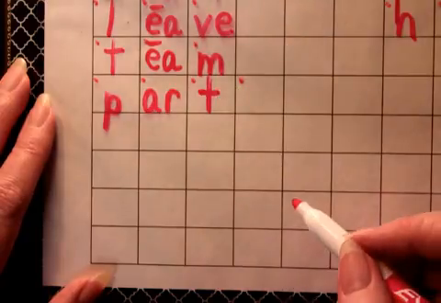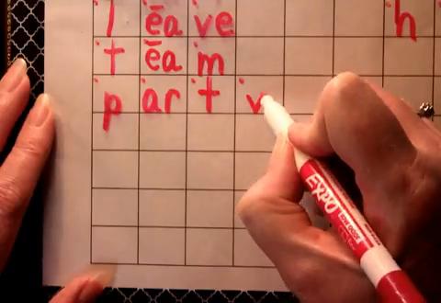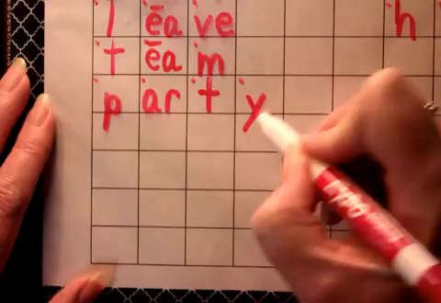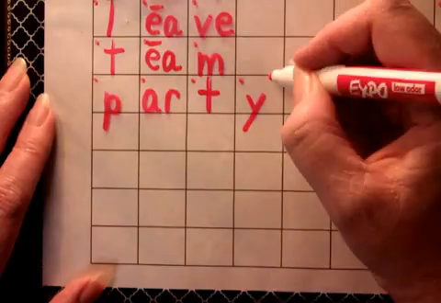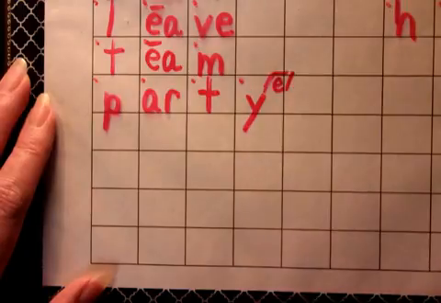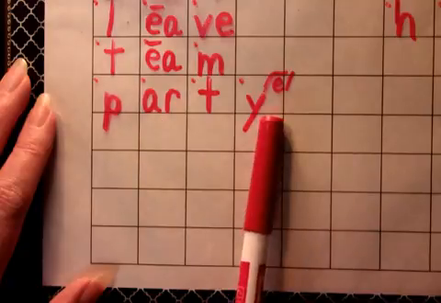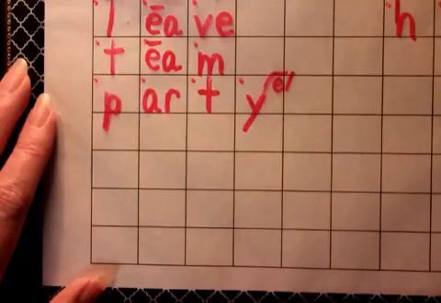And then E at the end can be spelled with a Y. Remember, we make a V and then we slide down. We can write the virtuals with the long E so we remember what sound it says. Party. I hear two vowel sounds, R and E. When we have two vowel sounds, that means we have two syllables. Let's figure out where we're going to break the syllable.